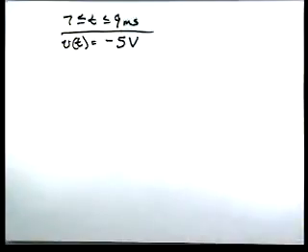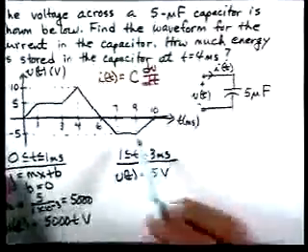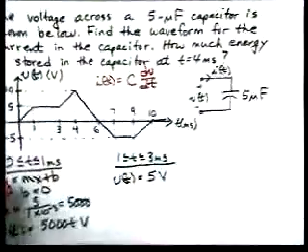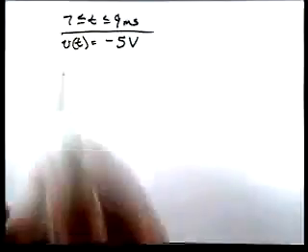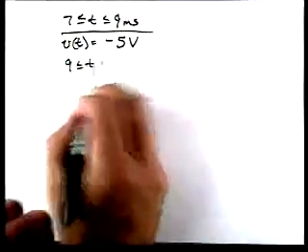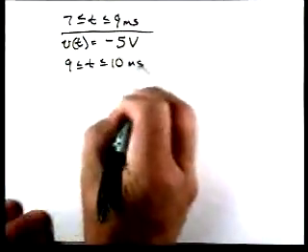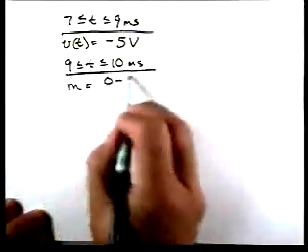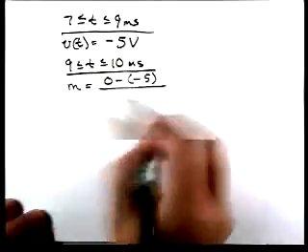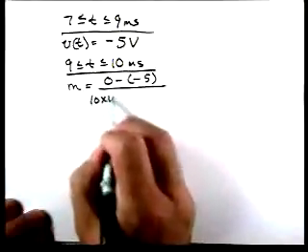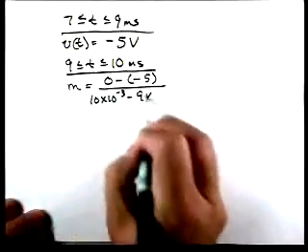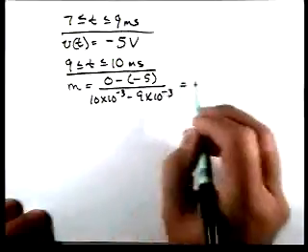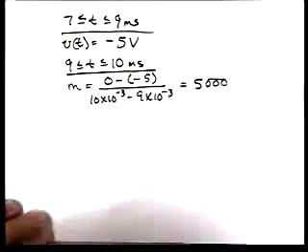Now between 9 and 10, we're going to go from minus 5 up to 0. So our slope is 0 minus minus 5 over 10 milliseconds minus 9 milliseconds, which is 5,000 again.